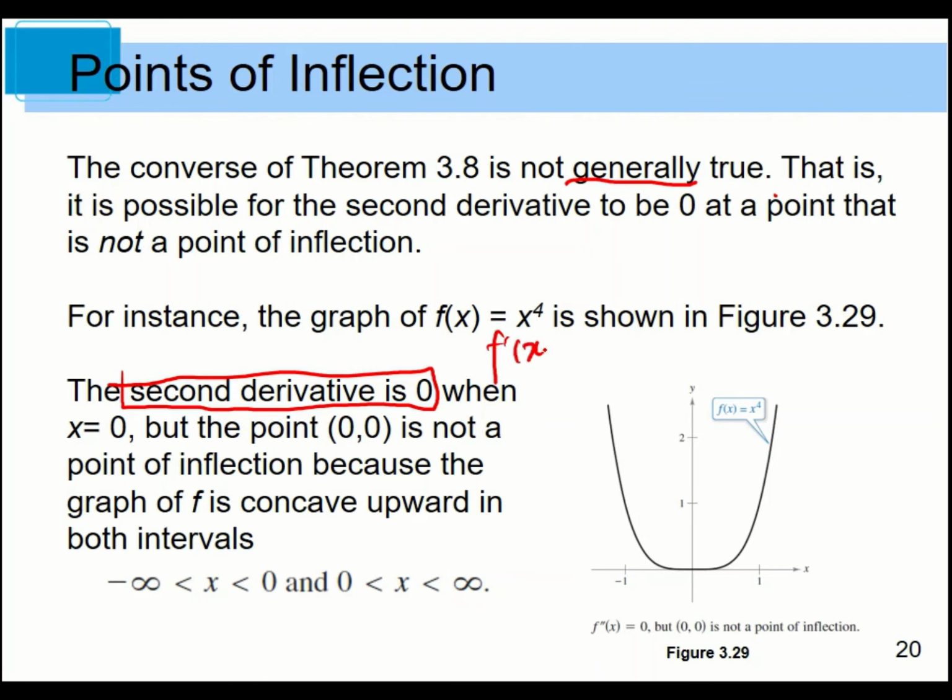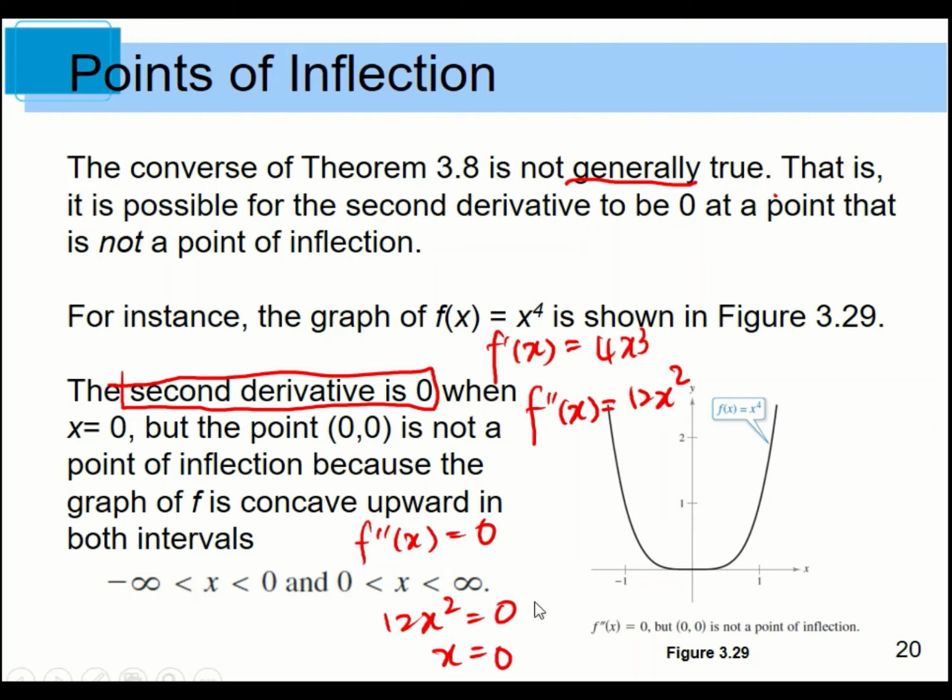Let's try it. F prime is 4x to the power 3. F double prime is 12x squared. So when f double prime is 0, 12x squared is 0, so x is 0.